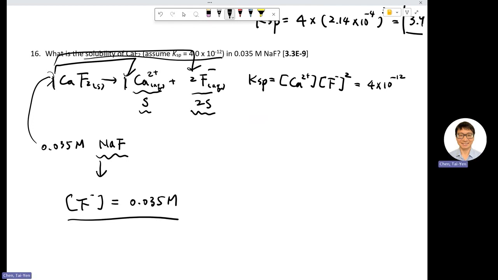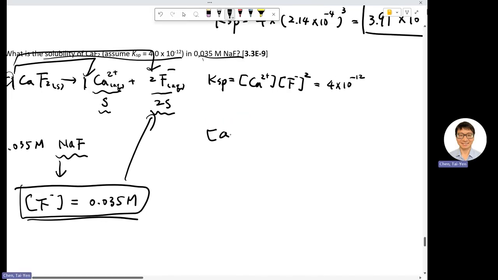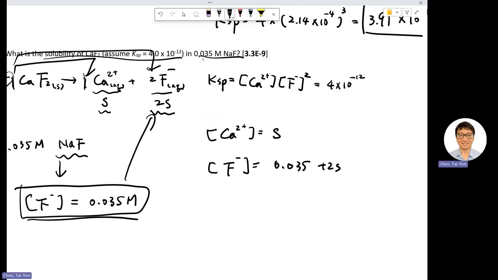Okay. And then in this specific solution, you're going to produce a lot of the F minus, which is actually a common ion here, right? Therefore, the Ca2+ concentration can be represented as S. F minus concentration will be 0.035 plus 2S.